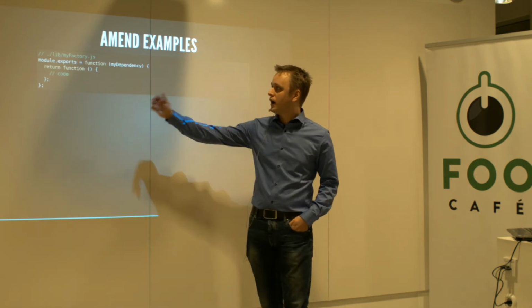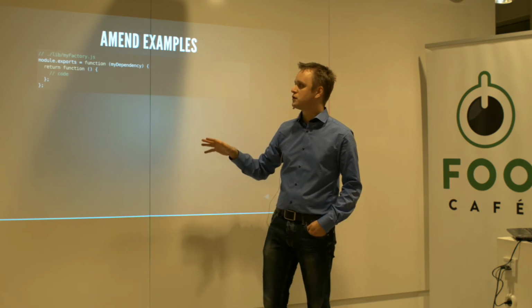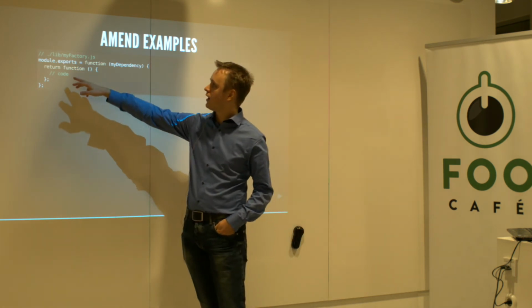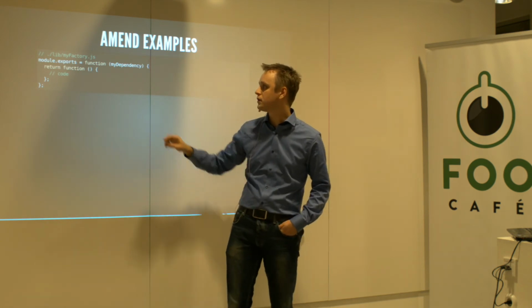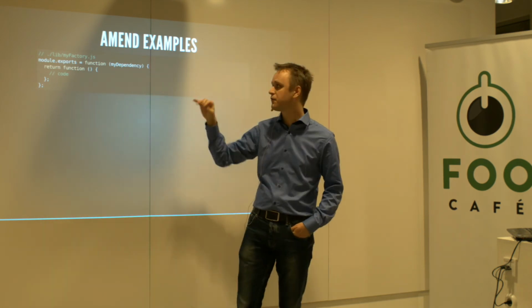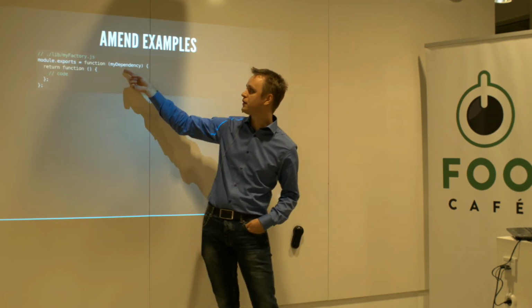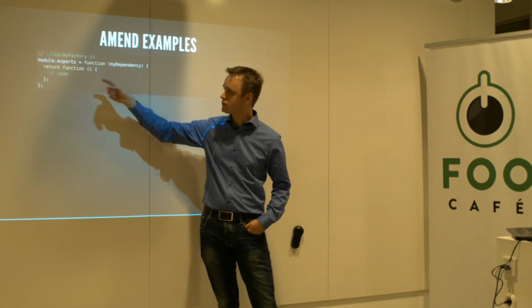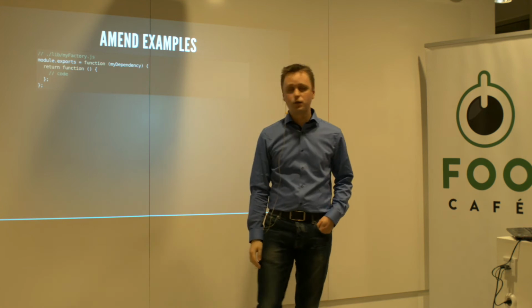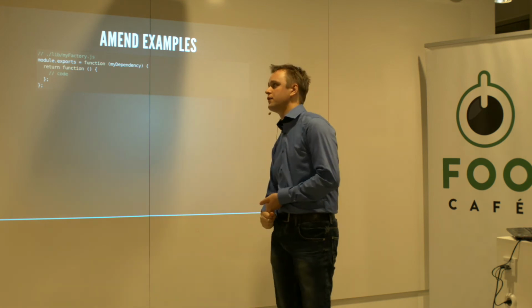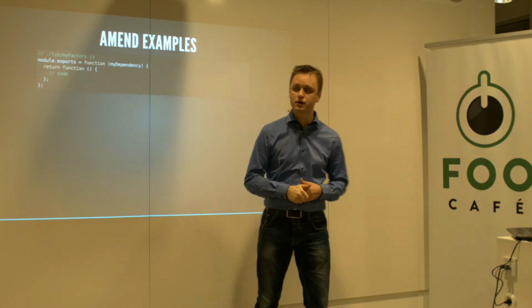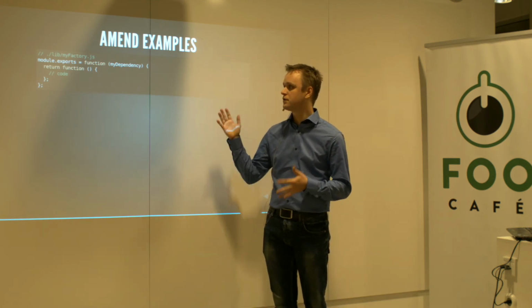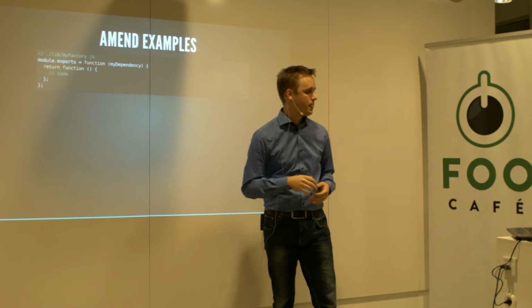How to do it in Node is to just export one single thing from your module, and it needs to be a function for a factory. And this function can take dependencies in. And then you can return whatever from your factory. So you can return another function, or an object, or a constructor, whatever you want. And that code can use the dependencies.